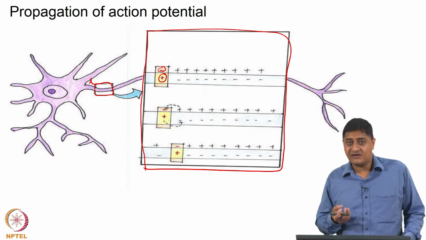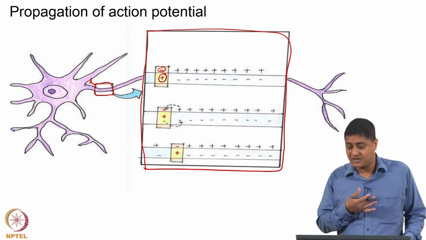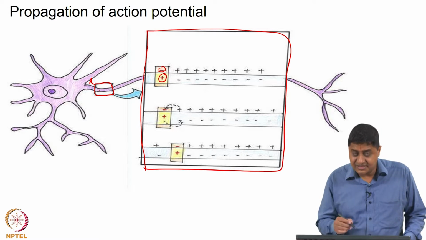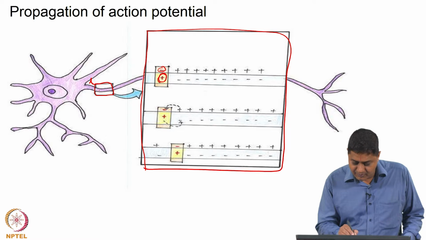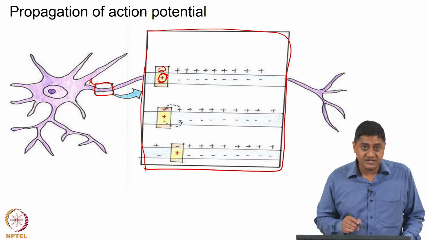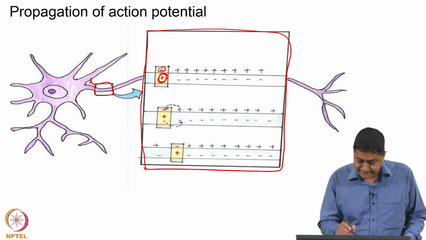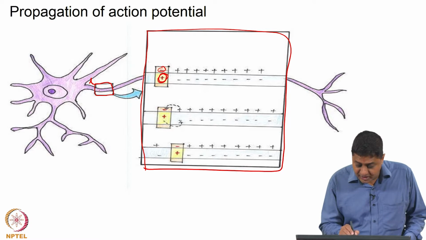This is the behavior of the voltage gated sodium channel that we saw. A lot of sodium enters inside, taking the inside of the cell to a more positive value for a brief amount of time, and that sodium, when it enters, actually diffuses in both directions.